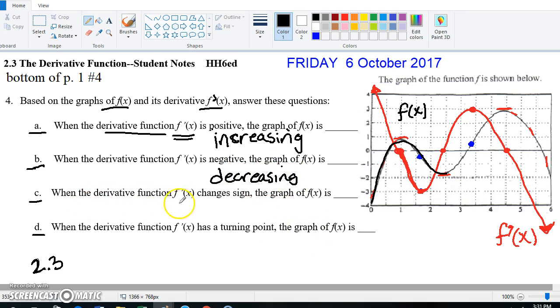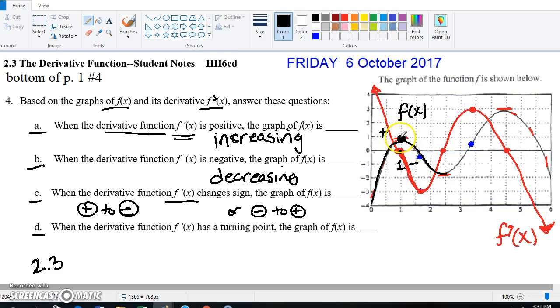Okay, when the derivative function, f prime of x, changes sign from either positive to negative or from negative to positive, what's happening on our graph? So here at this point, when x is 1, my slope derivative, the red graph, is changing from positive to 0 to negative.